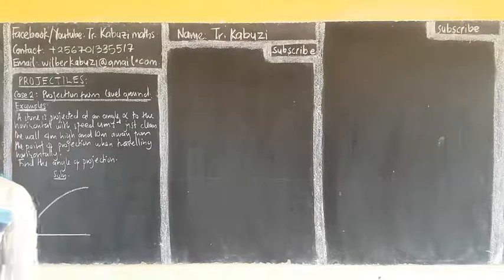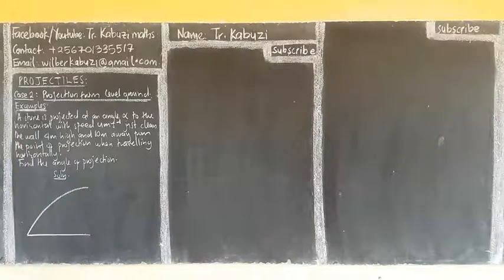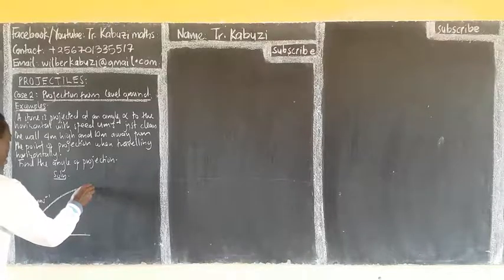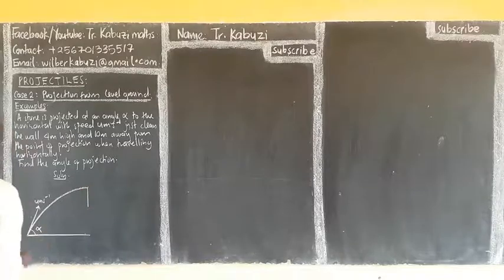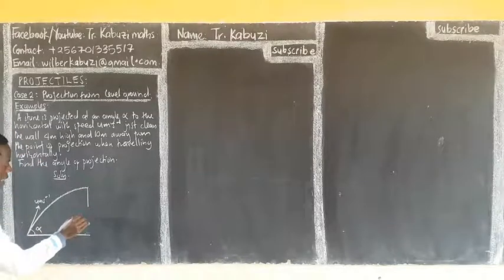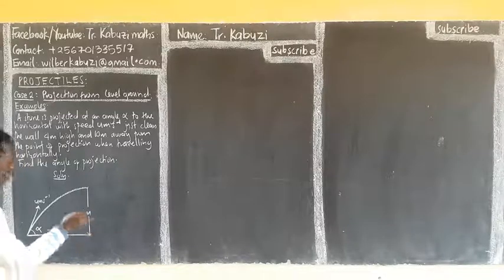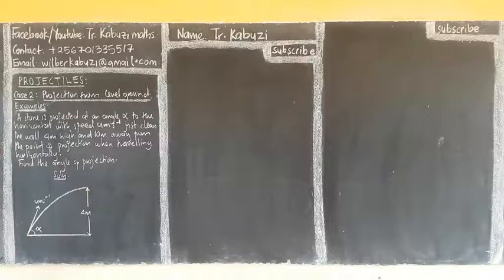They are giving it an initial velocity u meters per second, at an angle alpha to the horizontal. Now, they are telling us that it just clears a wall 4 meters high. So this is 4 meters high, like this.